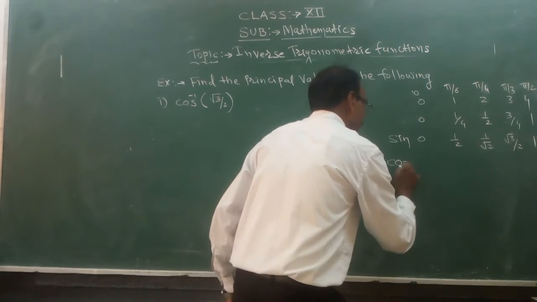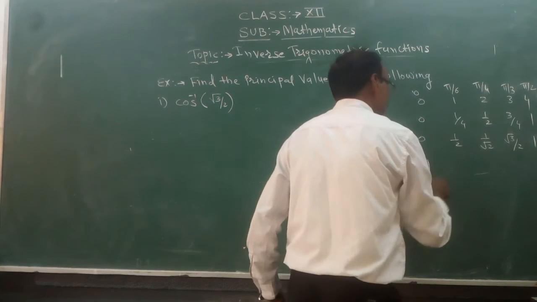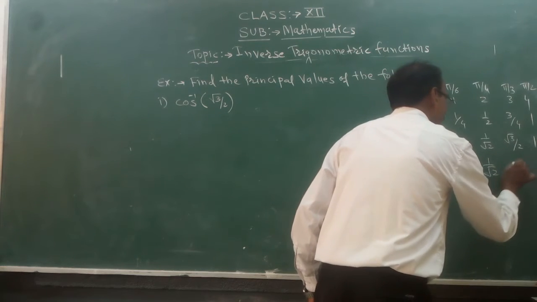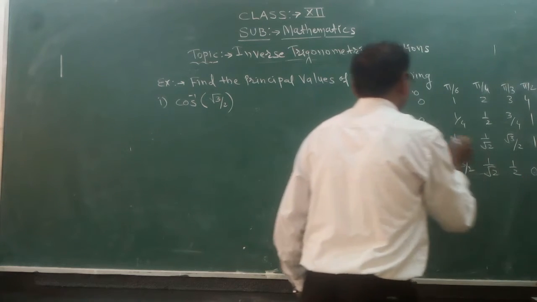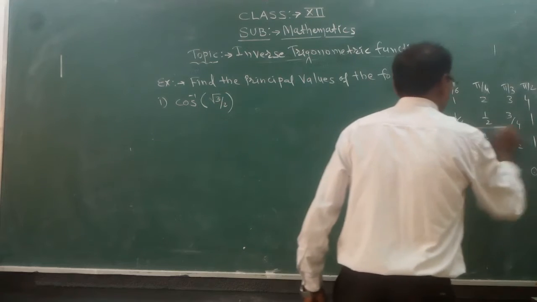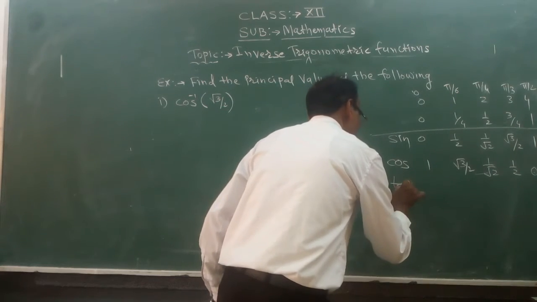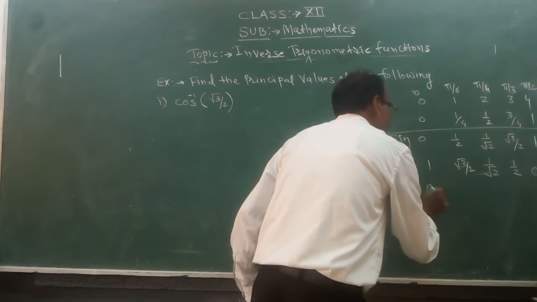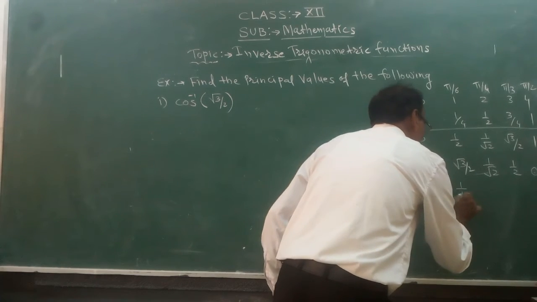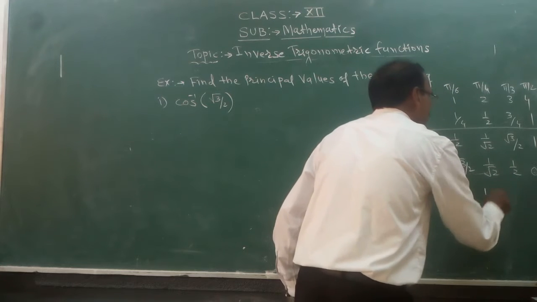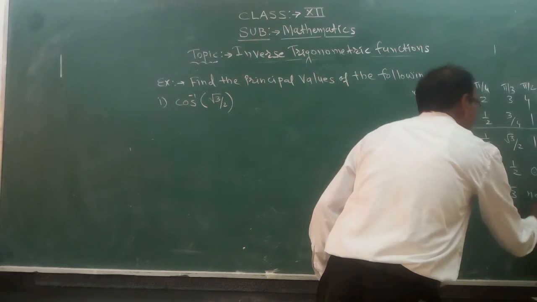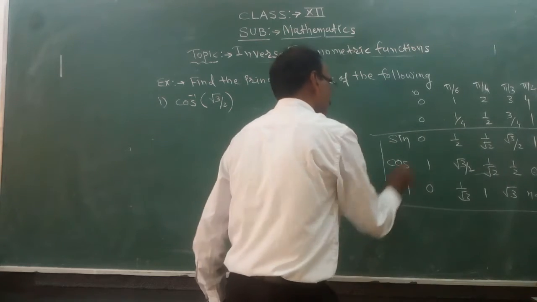For cos, take the reverse of this: 1, then root 3 by 2, 1 upon root 2, 1 by 2, and 0. And tan is sin upon cos: 0 upon 1 is 0, then 1 upon root 3, then 1, then root 3, and the last is not defined. In this way, we can calculate the table also.